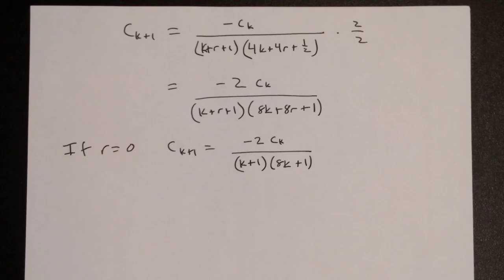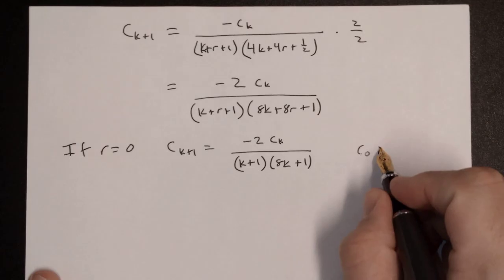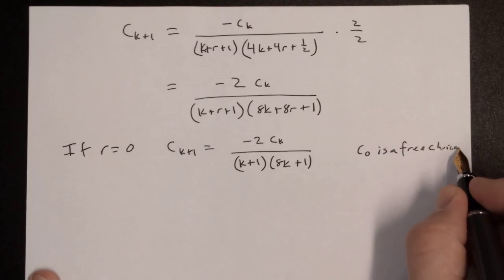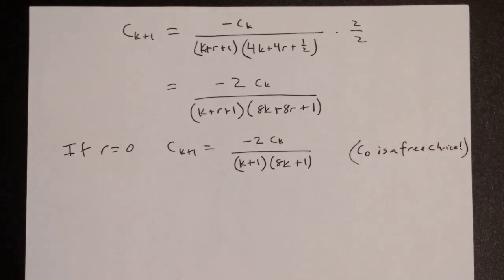And C0 is a free choice. Which means I could just as well let it be equal to 1.